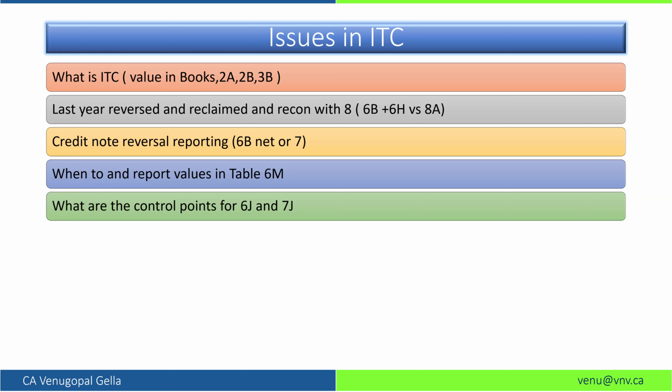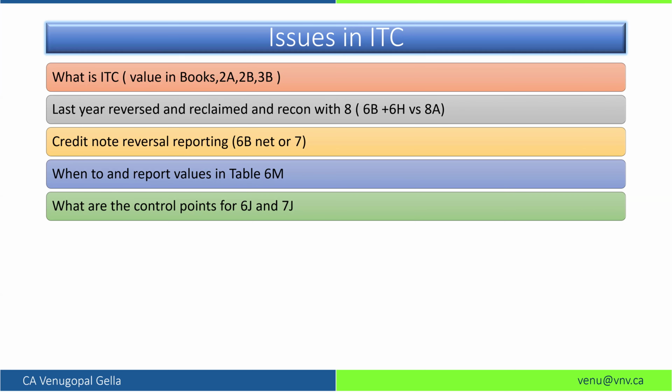So my point is that in 6B, this credit will be inflated over the year. 6A will be inflated, not 6B. Of course, when 6A will be inflated, its corresponding effect will be in 7, the other reversal. Okay, you are talking about 7 reversal, correct? Corresponding effect, yes. Naturally, that has to be there.